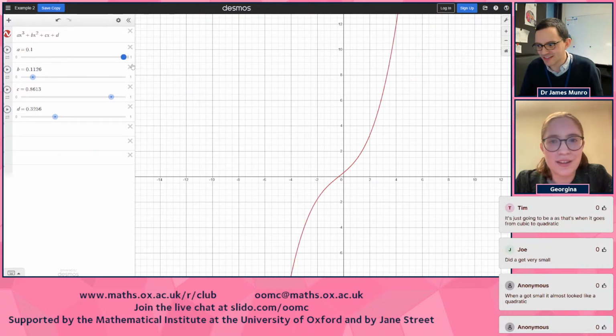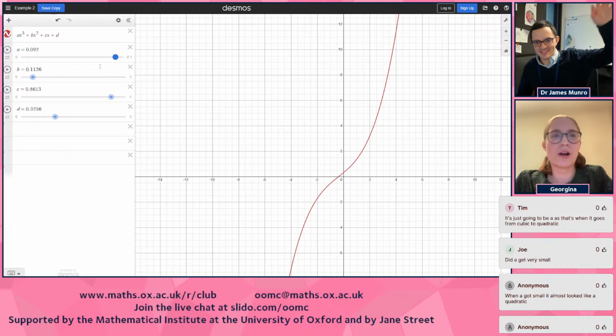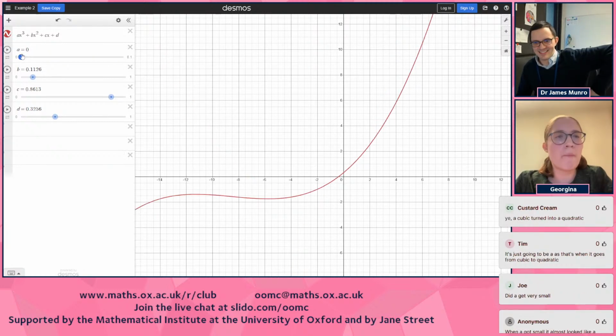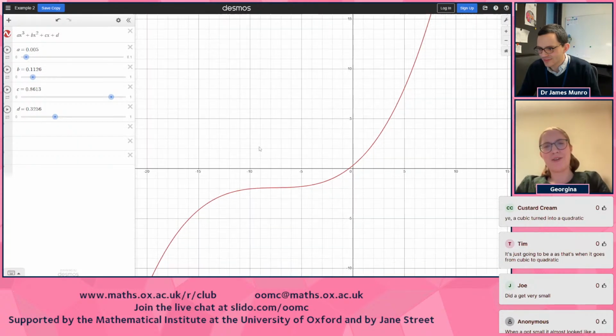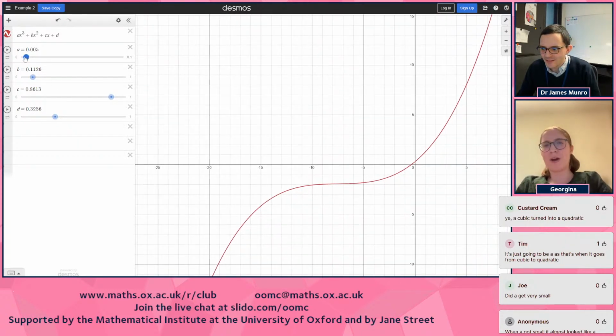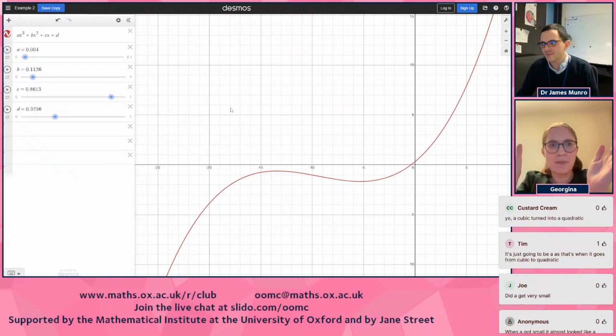I flap this around, it changes quite dramatically on the left. Yeah. And so if you just hold it above 0, but very close to 0, we can see that it's doing this very funky thing where when it is exactly 0, we've lost our x cubed term because we have 0 times x cubed, and so we just have a quadratic.